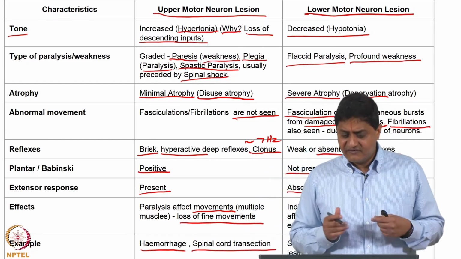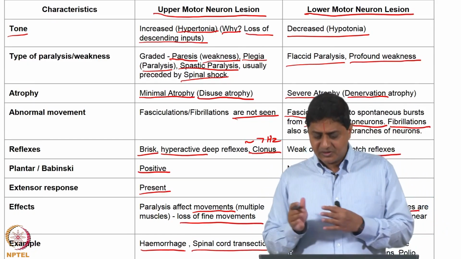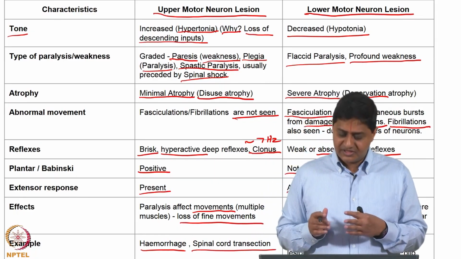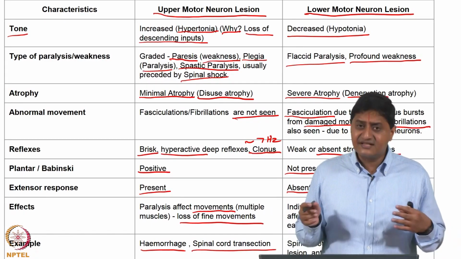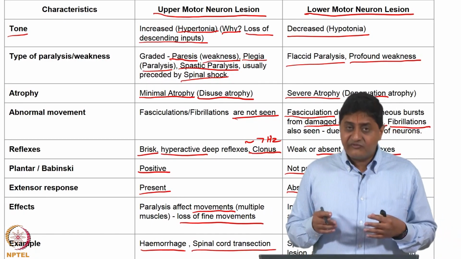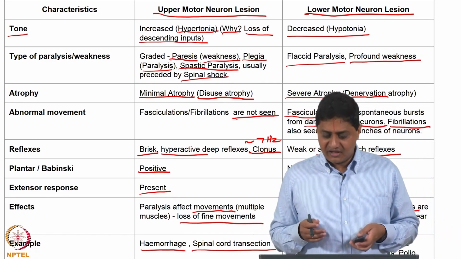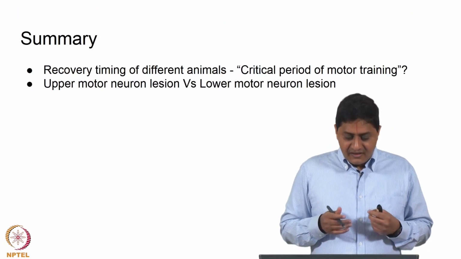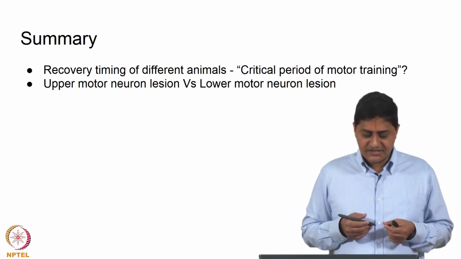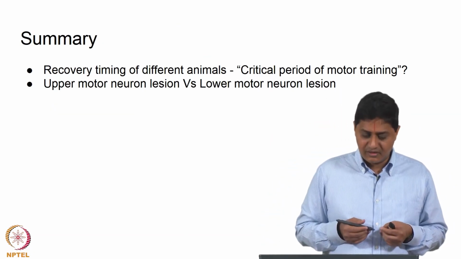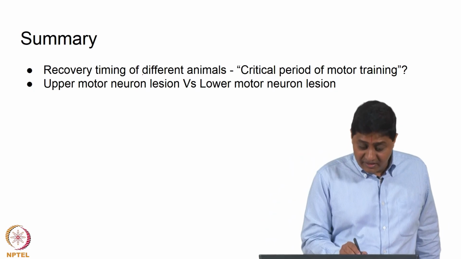So with this, we have discussed the differences between upper motor neuronal lesions and lower motor neuronal lesions, fundamental differences in clinical signs, and fundamental differences in mechanisms of dysfunction. So what have we seen? We have reviewed lesions in today's class, and we have discussed timing in different animals.